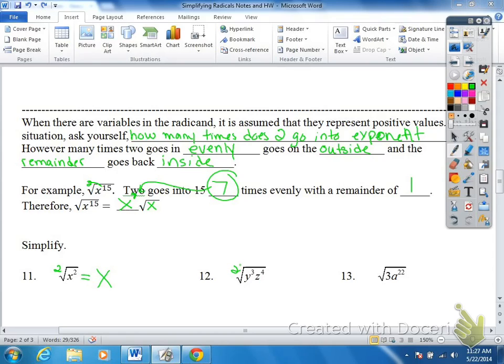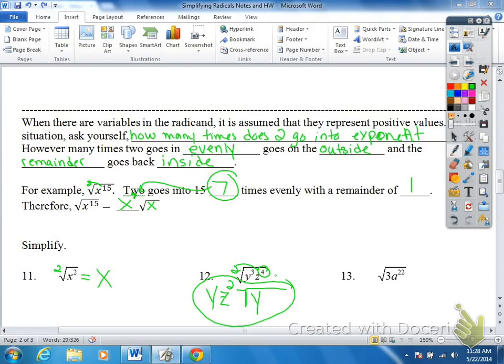Looking at number 12. 2 goes into 3 one time, so there's one y on the outside, with a remainder of 1, so there's one y on the inside. 2 goes into 4 with that exponent twice, so it'd be z squared, there's your 2. 2 goes into 4 2 times, with a remainder of nothing. No z's are left over, so there's your final answer.